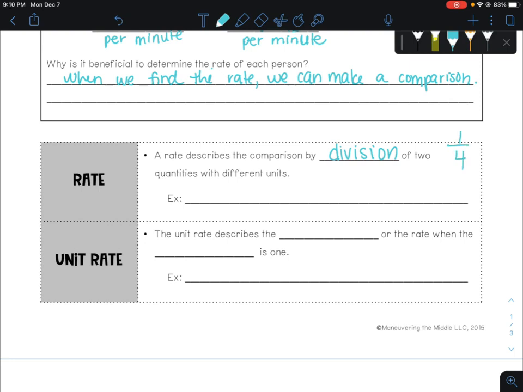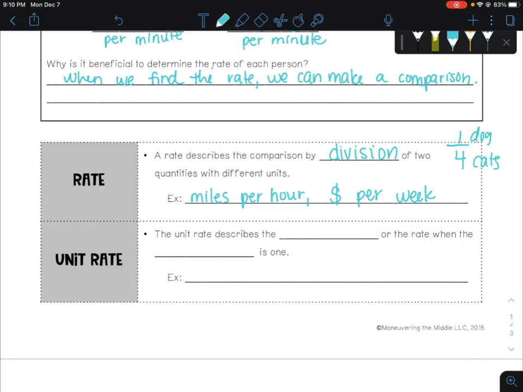So it's really no different. But now we're having a different type of units. So we could say miles per hour, or we could say dollars per week. What's different here from a ratio is we might have been saying 1 dog to 4 cats. So we were comparing two similar things.